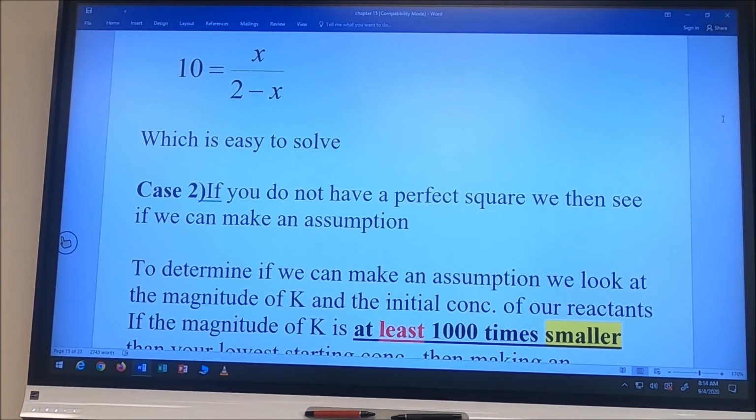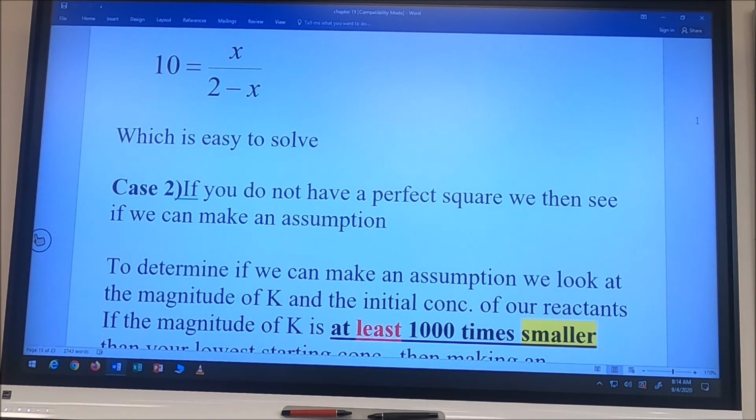Okay? Case 2. Here, you don't have a perfect square. So the next thing we look to do, if it's not a perfect square, is determine if we can make assumptions.